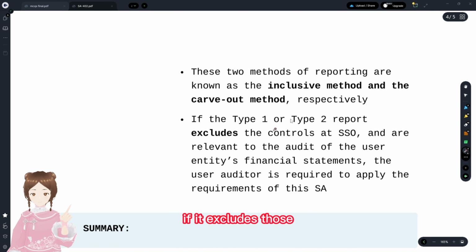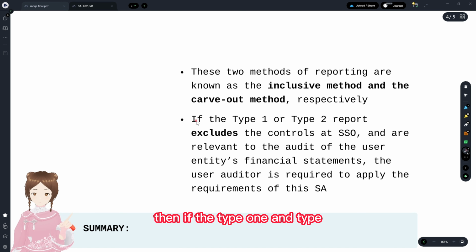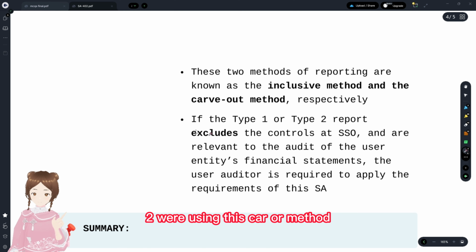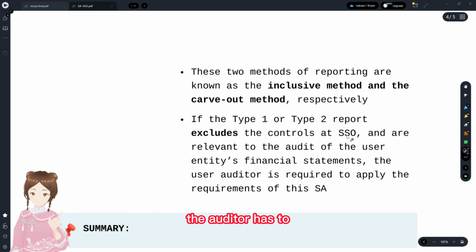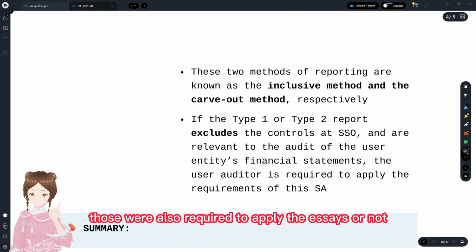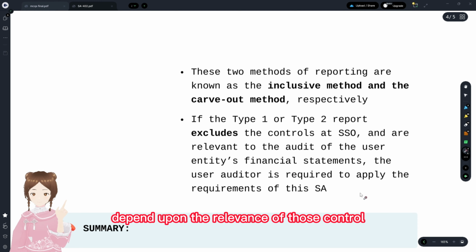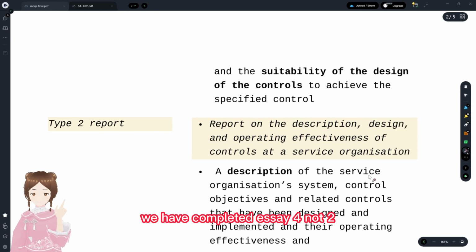If it excludes it, it is the carve-out method. When type 1 and type 2 reports use this carve-out method, that is, excluding the SSO's internal controls, the auditor has to evaluate, with his professional judgment, whether the relevant SAs are required to be applied or not, depending upon the relevance of those controls. And with that said, we have completed SA 402.